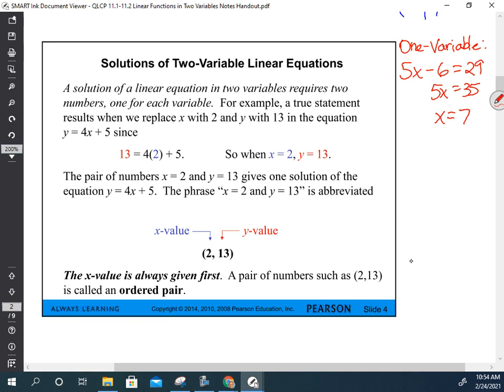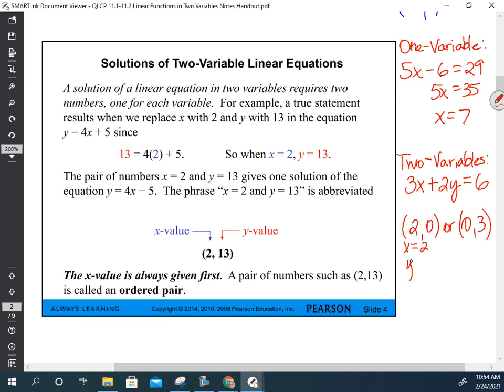One variable, one number. When you have two variables, you need two numbers. So x equals 2, y equals 0. X equals 0, y equals 3.